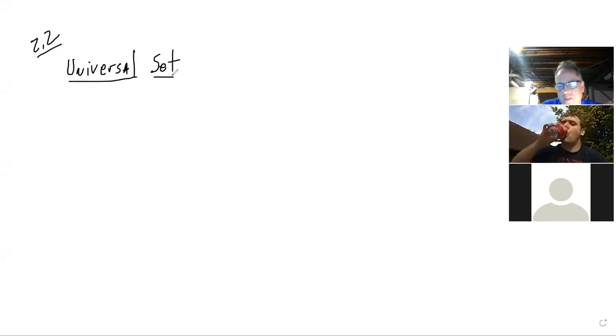Now, I'm not going to write a definition for this. It's the universe. It changes depending upon the problem you're working on, but whatever context you're working in, it is the biggest set possible. All sets live within it. All right, so it's the universe.